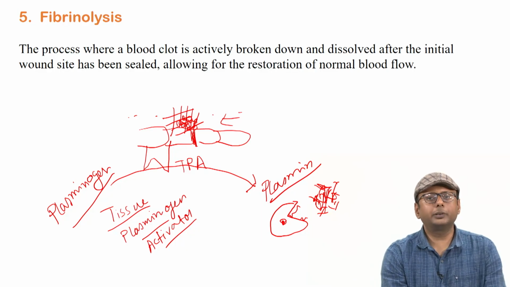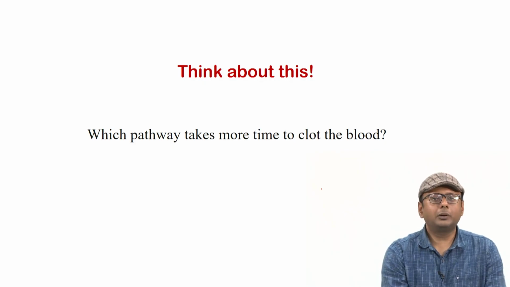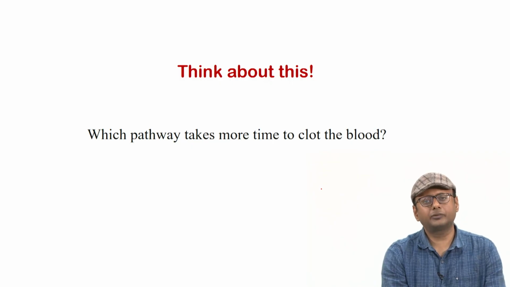Okay, so I hope you learned about all the steps of clotting. So think about this. We discussed two different pathways, right? Intrinsic pathway and extrinsic pathway, and you remember very well how both pathways are of course complicated, but the intrinsic pathway has a lot more clotting factors associated with it compared to the extrinsic pathway, which involved fewer clotting factors.